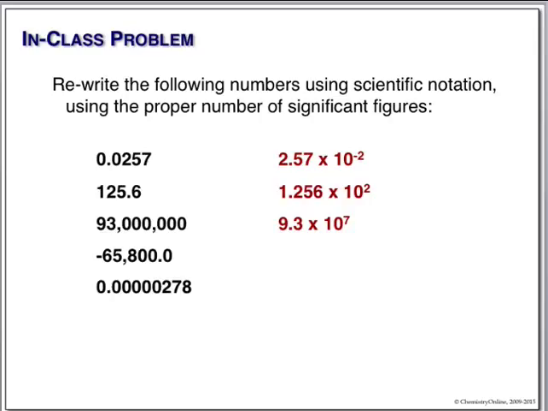93 million. These are trailing zeros, no decimal point, they all go away. 9.3 times 10 to the 7. Our next guy. We have a decimal point, so that means that when you did this measurement, that yeah, it really is 0.0.